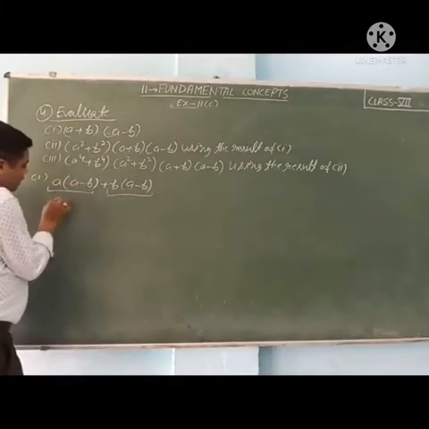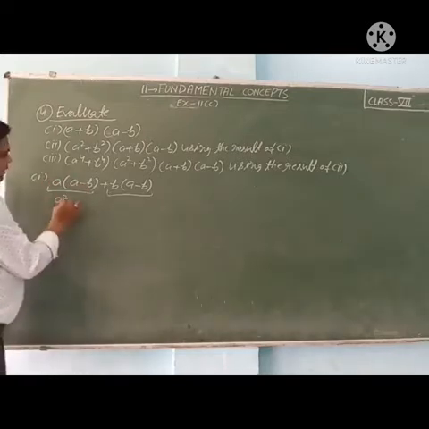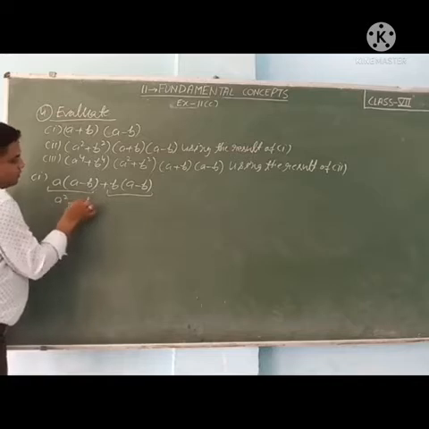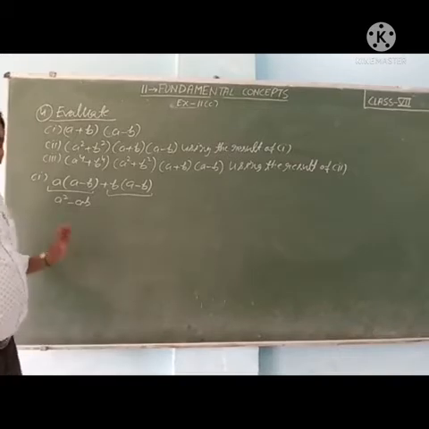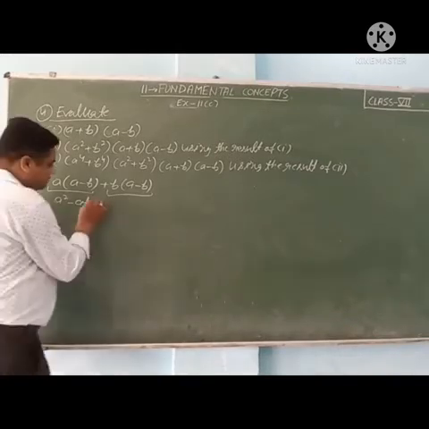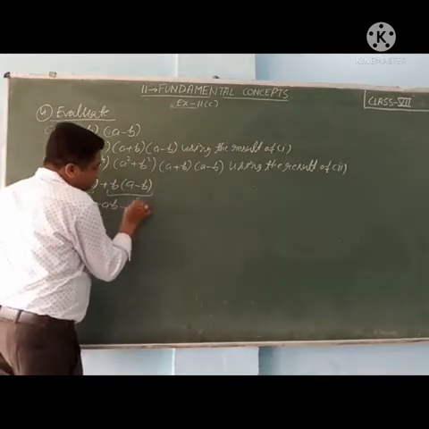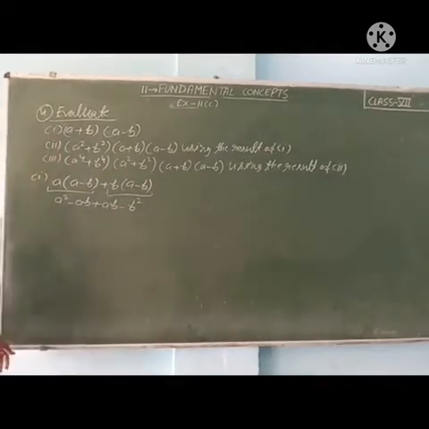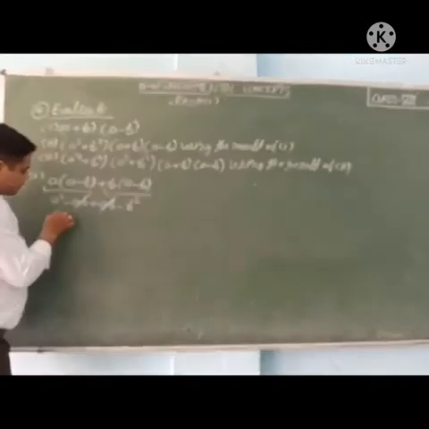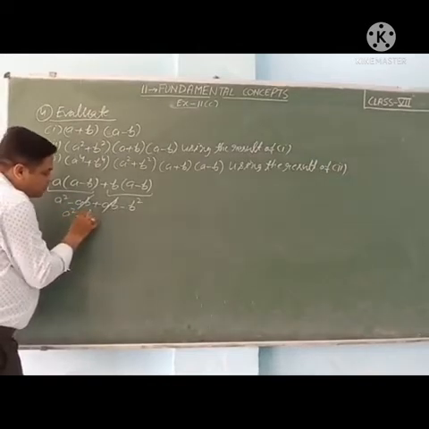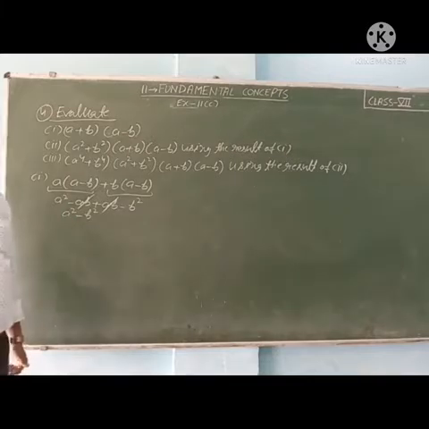So a into a is a square, plus a multiply minus b, plus minus ab, then plus this one is also plus. So b into a, ba, we can write plus ab, plus minus b square, b into b, b square. So minus ab plus ab can cancel. Then what is left? A square minus b square.